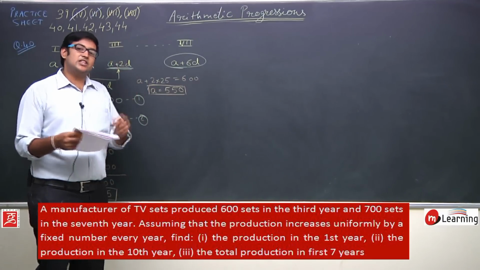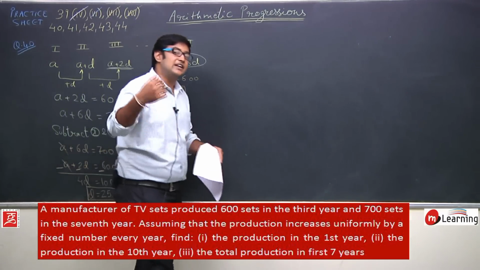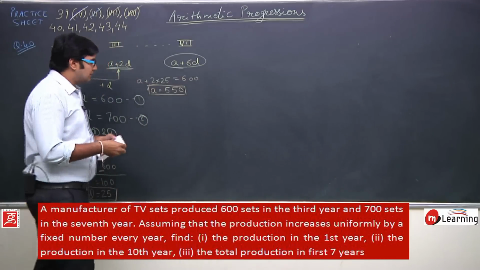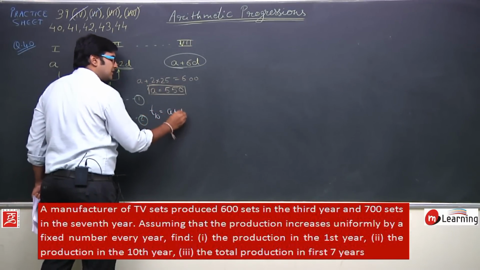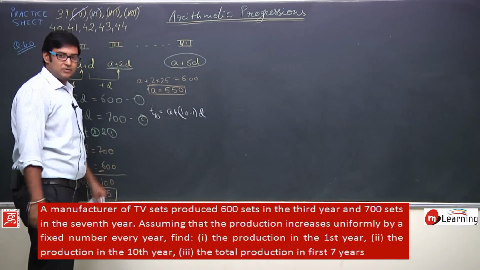The production in the 10th year. He is not asking the total production till 10th year. He is just asking what is the production in the 10th year. If I talk about 10th year, so 10th year will be equal to A plus (10 minus 1)D, the application of arithmetic progression.